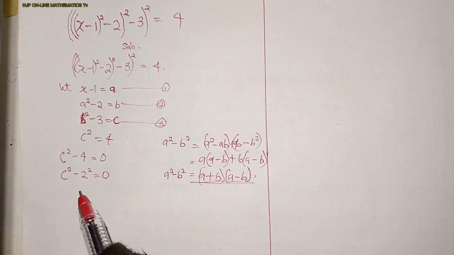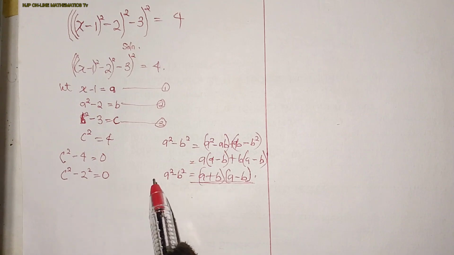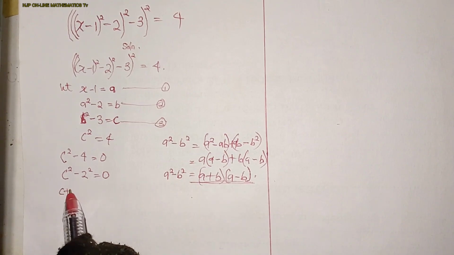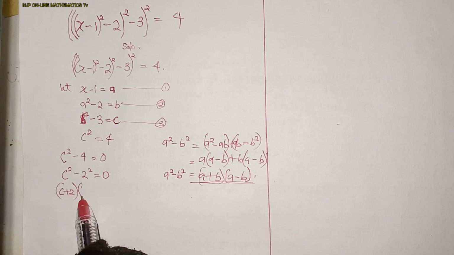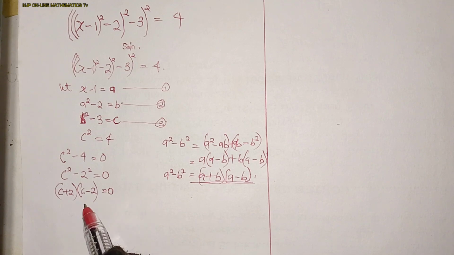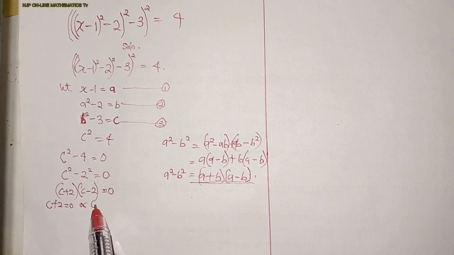If we apply it here, c is now the a and 2 becomes the b, so we are having c plus 2 multiplying c minus 2 equals 0. Since this equals 0, it's either c plus 2 equals 0 or c minus 2 equals 0.